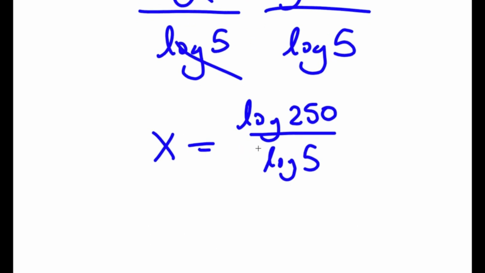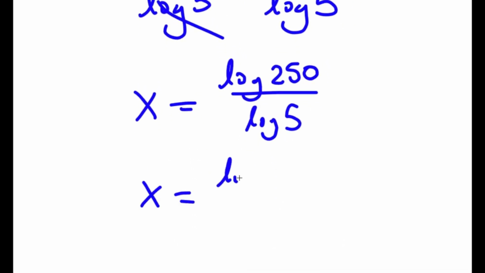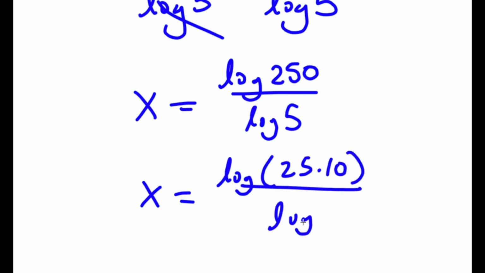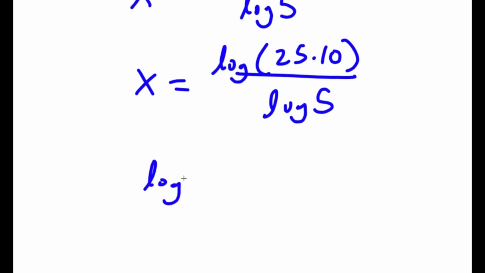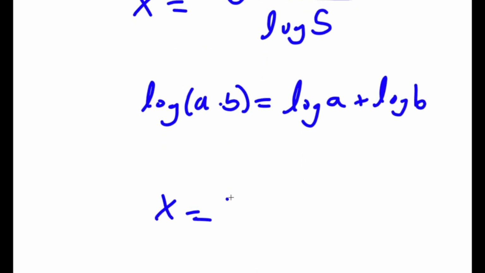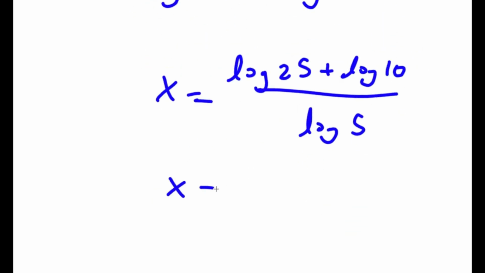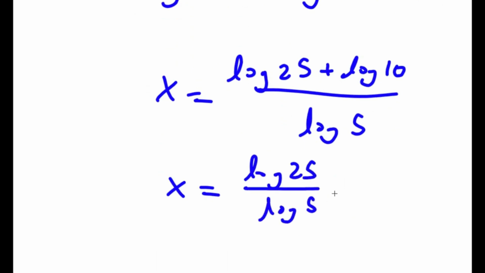Now, log of 250, I can rewrite that as log of 25 times 10. And if I have something in the form log a times b, this is going to equal log a plus log b. So log 25 times 10, that's going to equal log 25 plus log 10 over log 5, and this is equal to log 25 over log 5 plus log 10 over log 5.